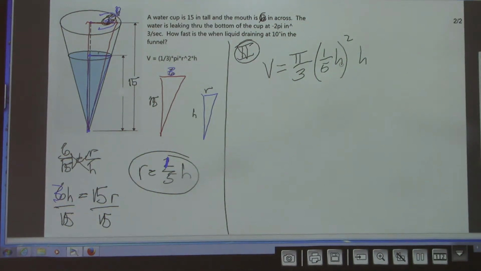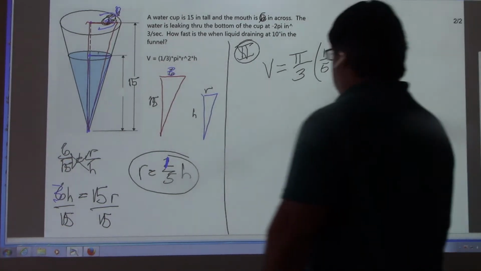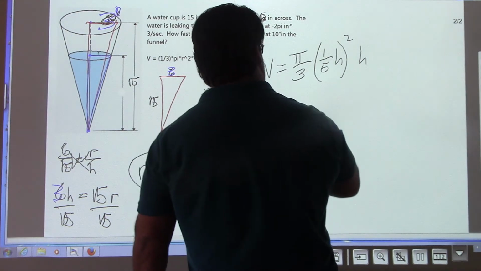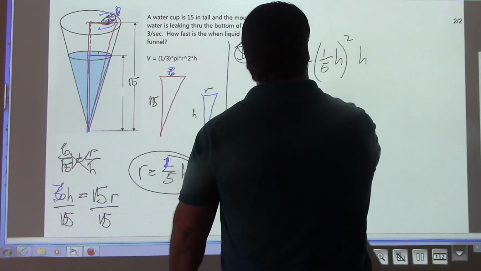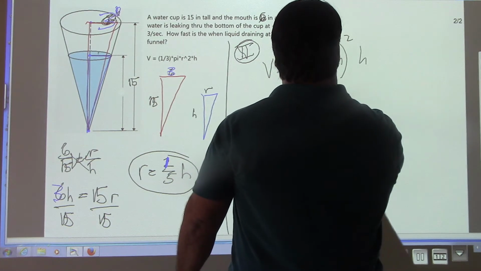Now pull that 1/5 out. That's going to be 1/25th. Pull it out with the pi over 3, and you're going to get V is equal to pi over 75 H cubed.